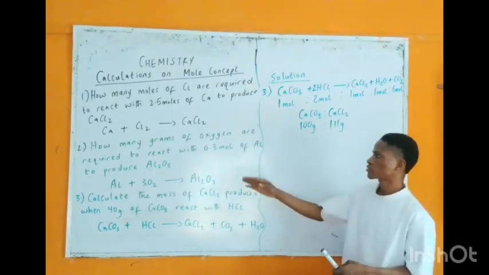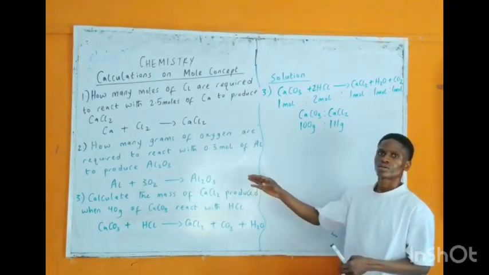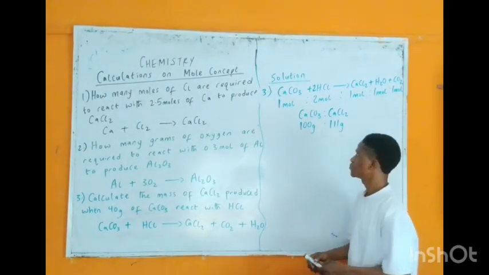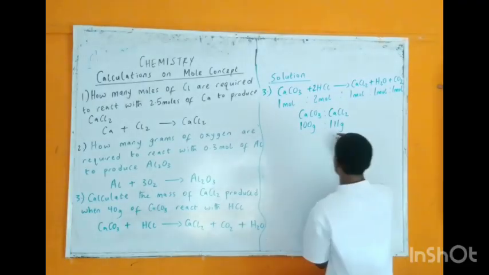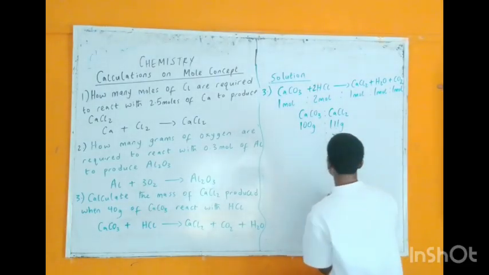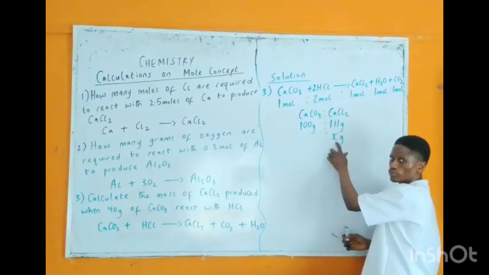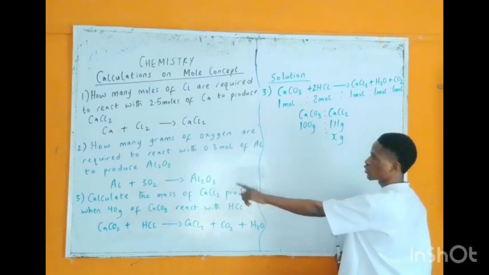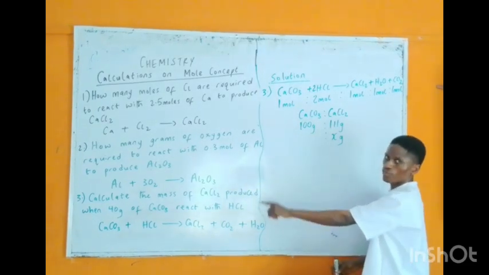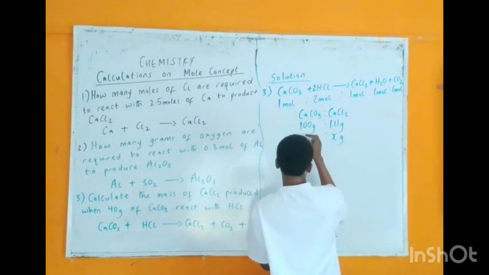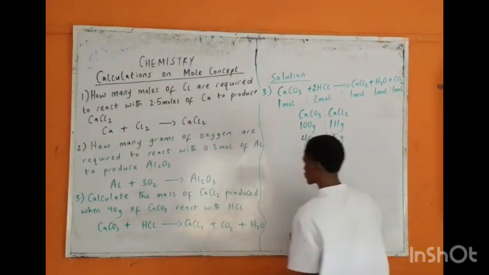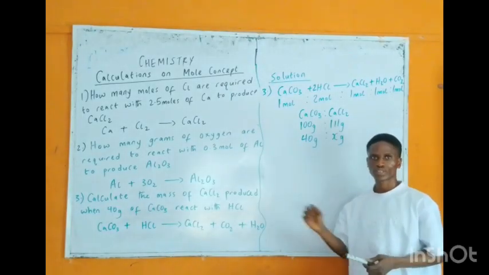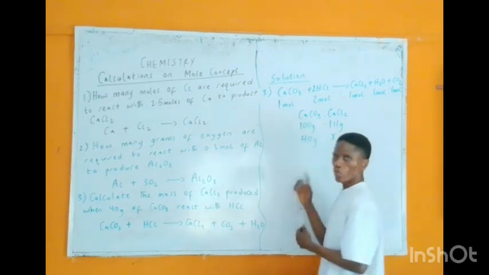Now, calculate the mass of calcium chloride produced. Calculate the mass of, so it is unknown, produced when 40 grams of calcium carbonate reacts with hydrochloric acid or hydrogen chloride. So what's the next thing here?